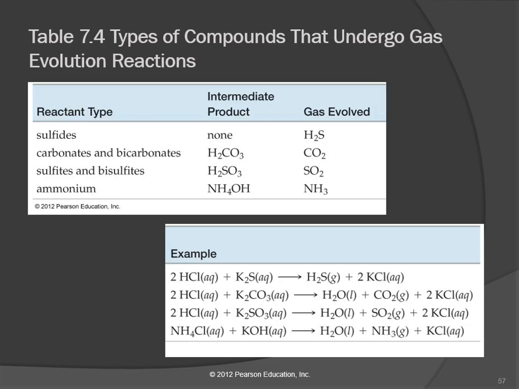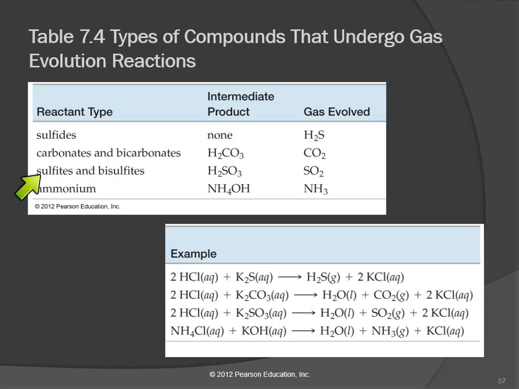So there are 4 types of compounds that give off gases. And these are listed in table 7.4 in your textbook. So sulfides, like that first reaction we looked at, don't have an intermediate product. They just give off hydrogen sulfide gas. So here's an example of that. An acid plus some metal sulfide gets you H2S gas and an ionic compound.